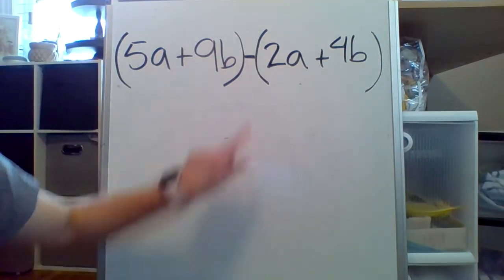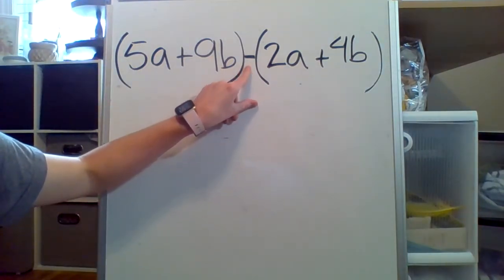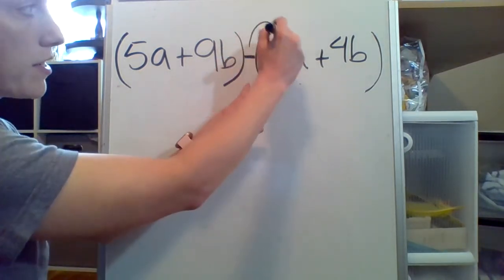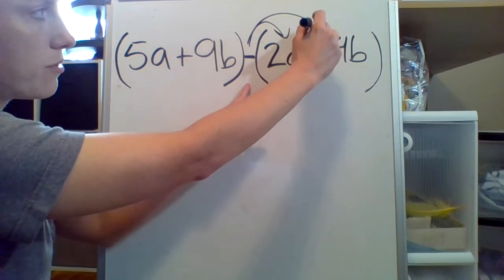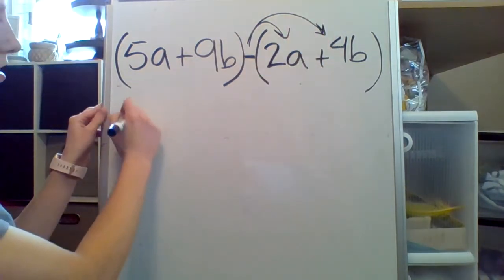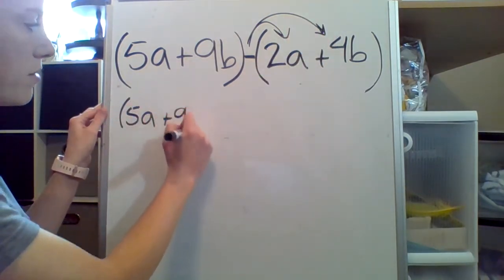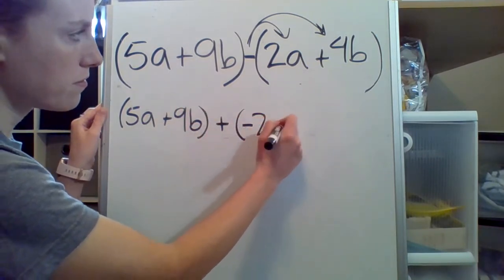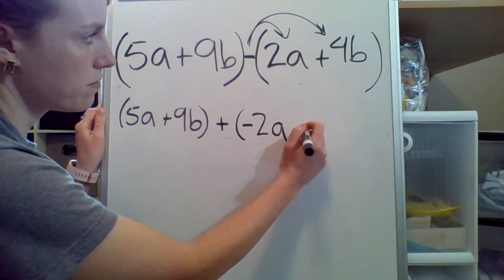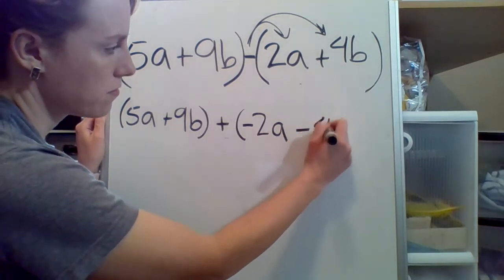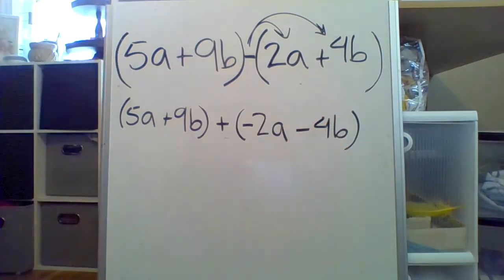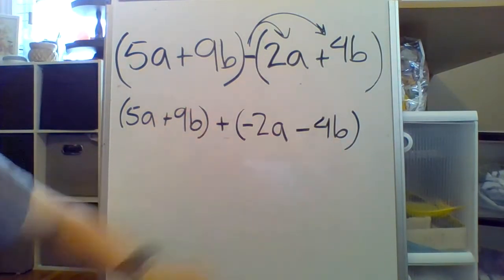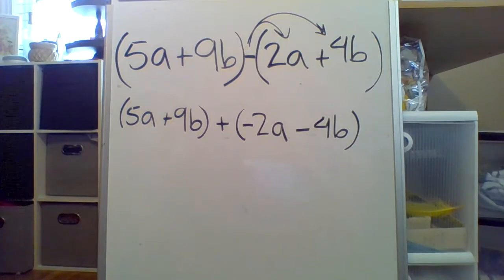The first thing we have to do is distribute this negative sign. This goes to everything that comes after it. I have to give it to this one and this one. Distribute it through. So we can rewrite this as 5a plus 9b. Okay, now that these are being added together, we can rearrange so that we have our like terms together.